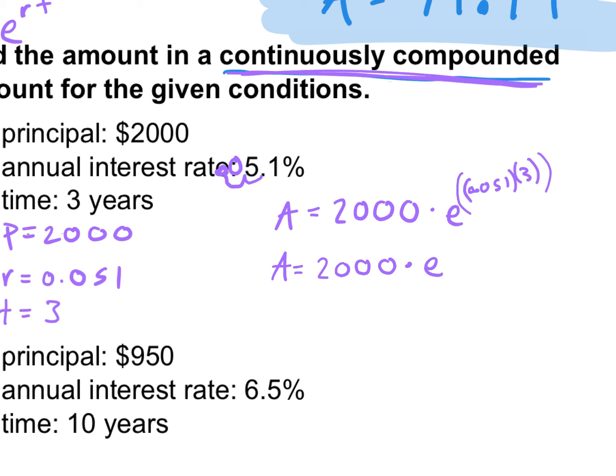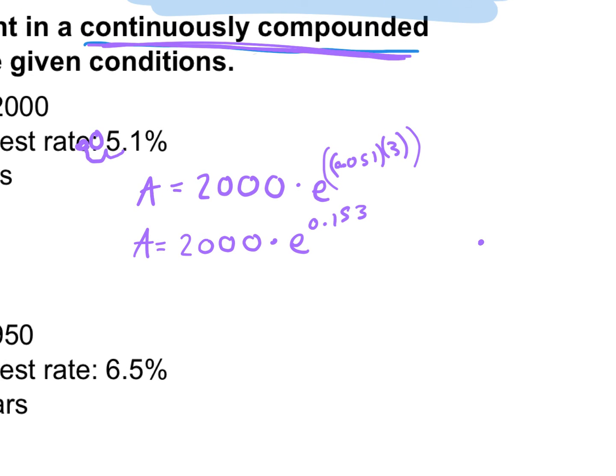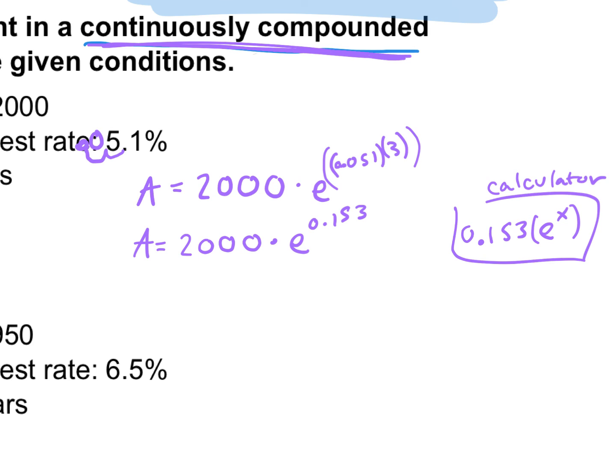And that gives us 0.153. What should we do next? The exponent. So in our calculator, you can just keep that 0.153, and then you can click that E raised to the X button. This is how you put it in your calculator. Make sure you know how to use the calculator. Whatever calculator you're using, make sure you know how to use it before the quiz.